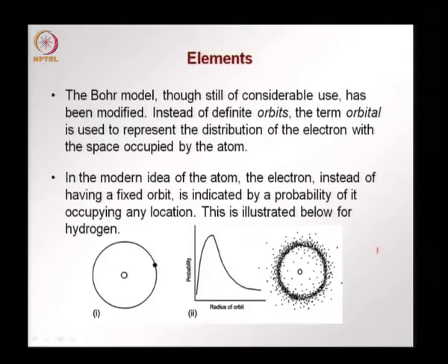So, in the modern idea of the atom, the electron, instead of having a fixed orbit, is indicated by a probability of the electron occupying any location, and this is given for hydrogen, where we have the electron in different possible locations. These dots you see here around the nucleus are all the different possible places that the hydrogen electron could be in.